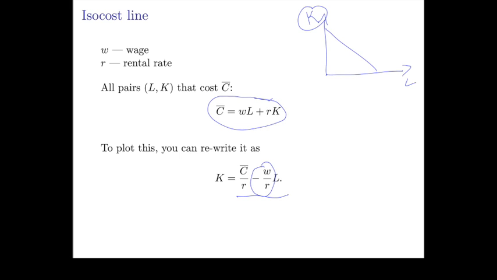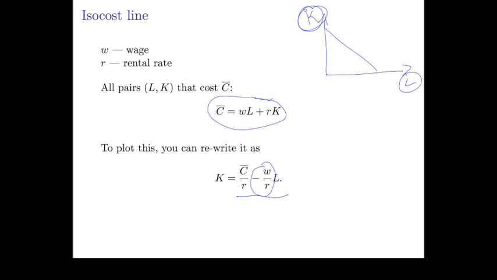If you go back to the expenditure minimization exercise that we saw for the consumer, remember we were looking at these bundles of goods that cost the same amount. Well, they would all define these straight lines of slope minus P1 over P2. Here, good 1 is input 1, good 2 is input 2, or labor and capital respectively.